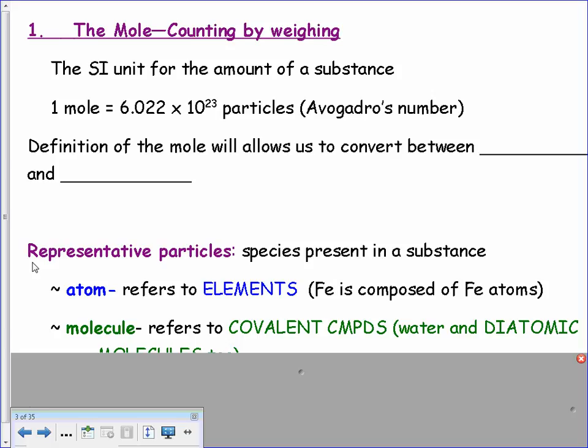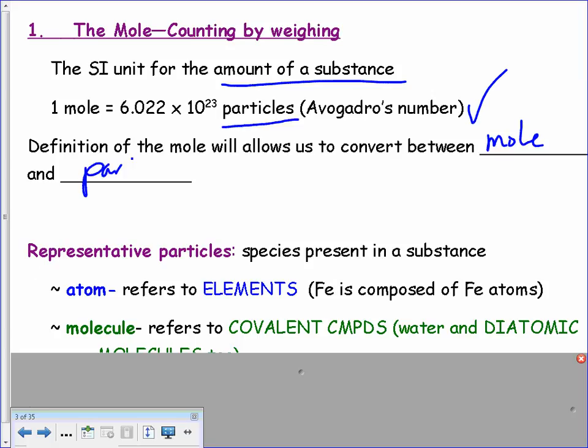So it's a unit for amount of a substance. A mole is equal to a big number, an amount, a counting number. And so we already talked about that. 1 mole is that many particles. So the definition of a mole will allow us to convert between what 2 units? It allows us to convert between moles and, I heard it, particles, good.